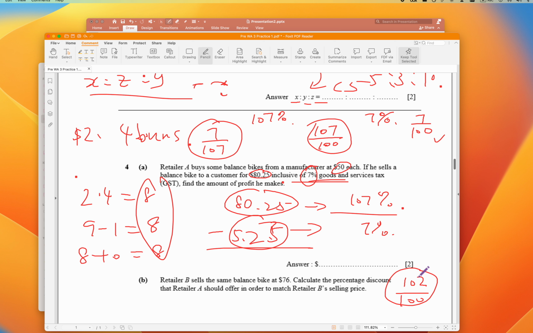It's just percentage converted to fraction. You get it now? So when it comes to this question, go back to this. 107% is your 80.25. 7% is how much? Or you can find out 1% first, then you times 7. Understand?